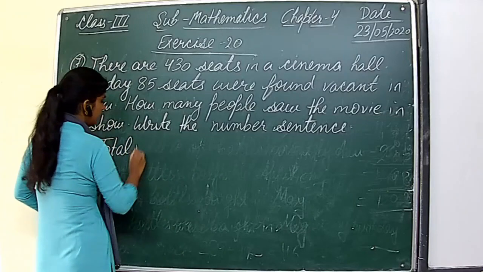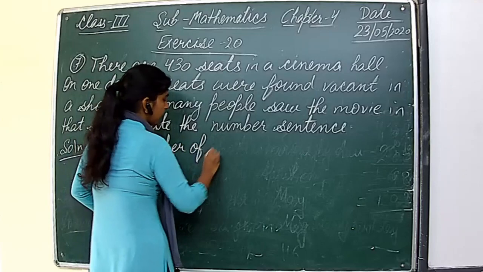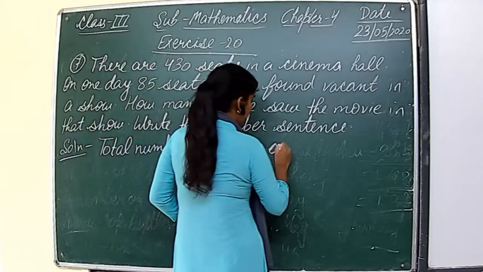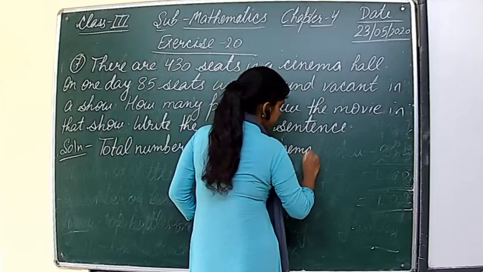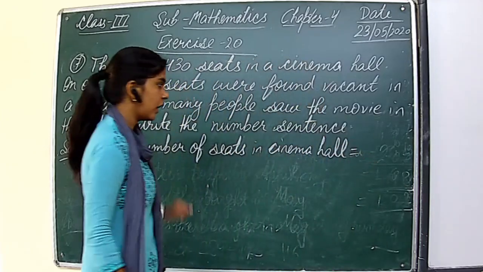Total number of seats in the cinema hall is 430.